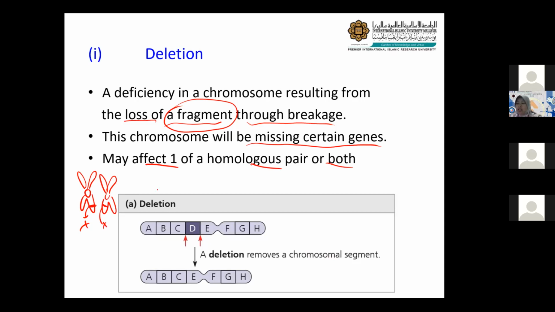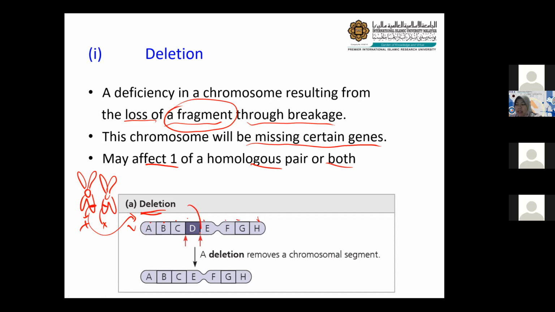Okay, contoh deletion. So you can see example here. Let's say one of the homologous pair, kita ambil salah satu ni, sister chromatid ni, right? The fragment is A, B, C, D, E, F, G, H. So what happened?